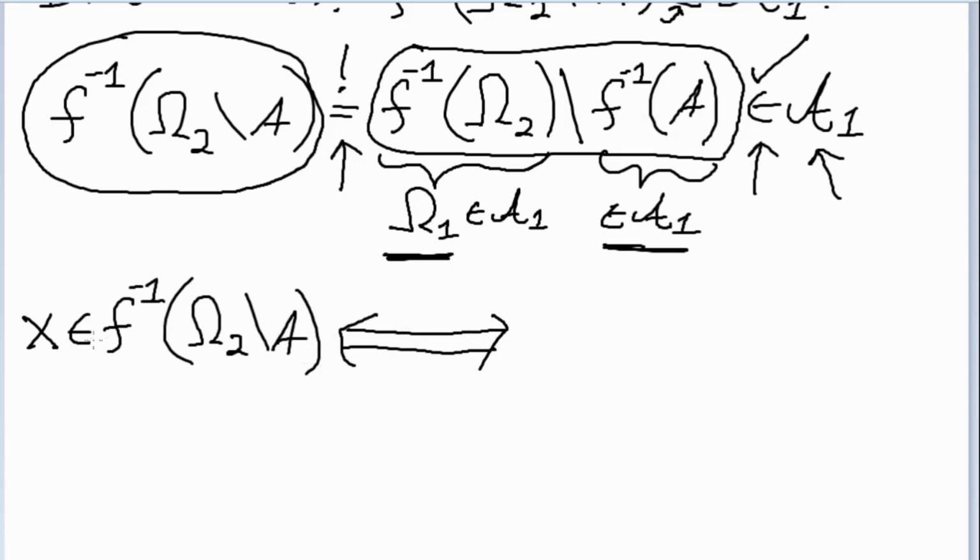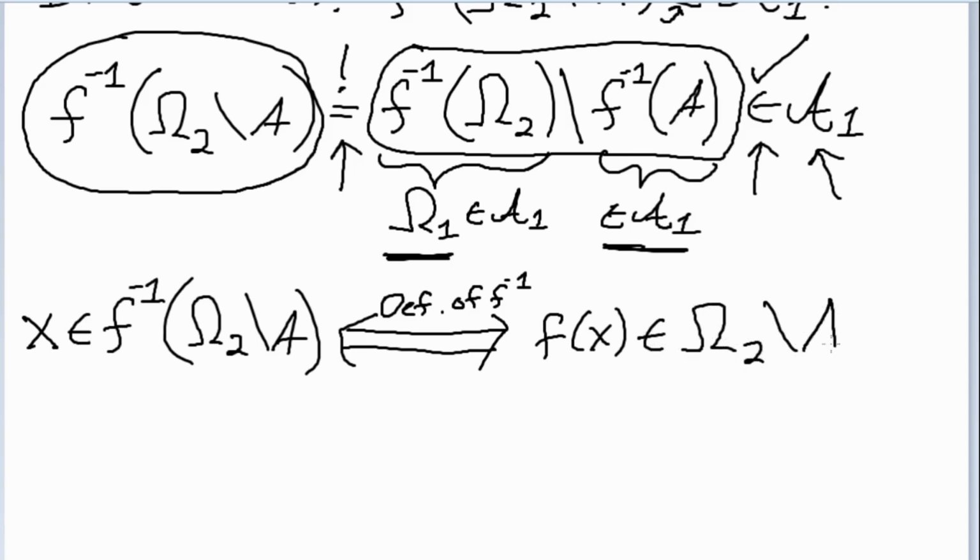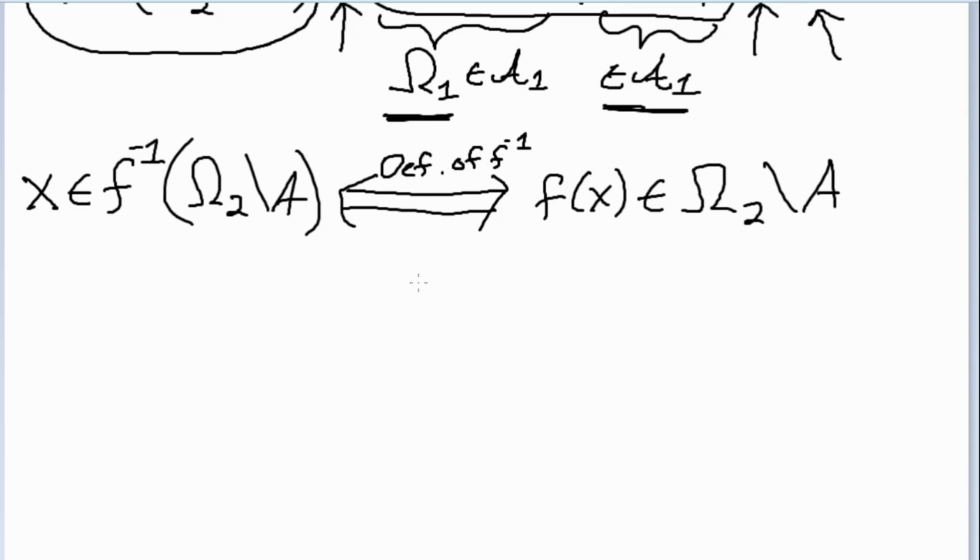Well, if x is in the pre-image of omega 2 without A, then all that's saying is, and we know this because of the definition of pre-image, that if we take f of x, we're going to end up in omega 2 without A. Right? That's just a definition.